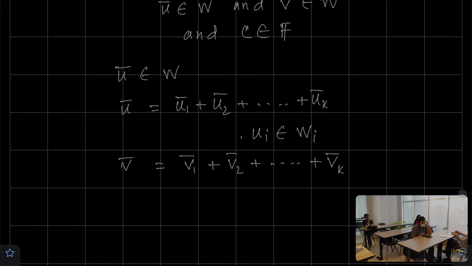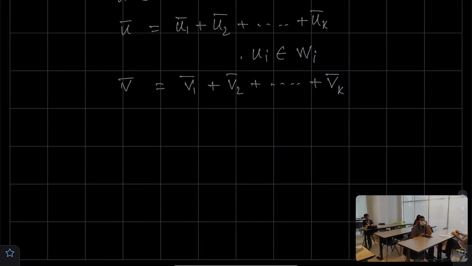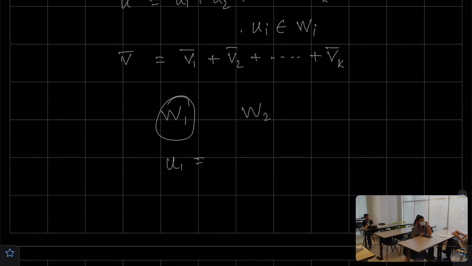So the thing is, I'm considering W1 and W2. It is possible that W1 contains this set U1. If I just consider an example, it can be simply 1, but W2 can be like 1, 0.